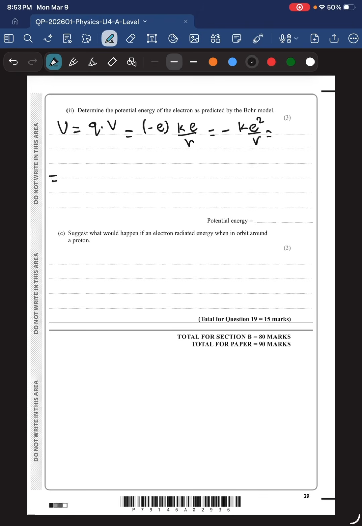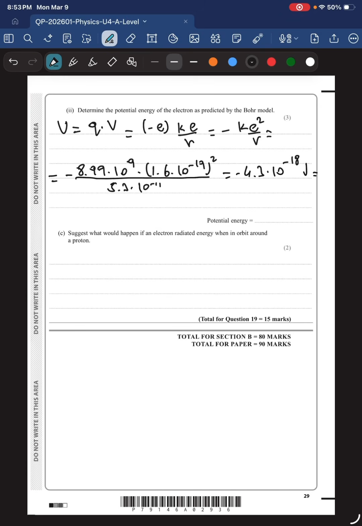So let's plug in numbers. Minus 8.99 times 10 to the 9 times 1.6 times 10 to the negative 19 squared over 5.3 times 10 to the negative 11 yields minus 4.3 times 10 to the negative 18 joules.